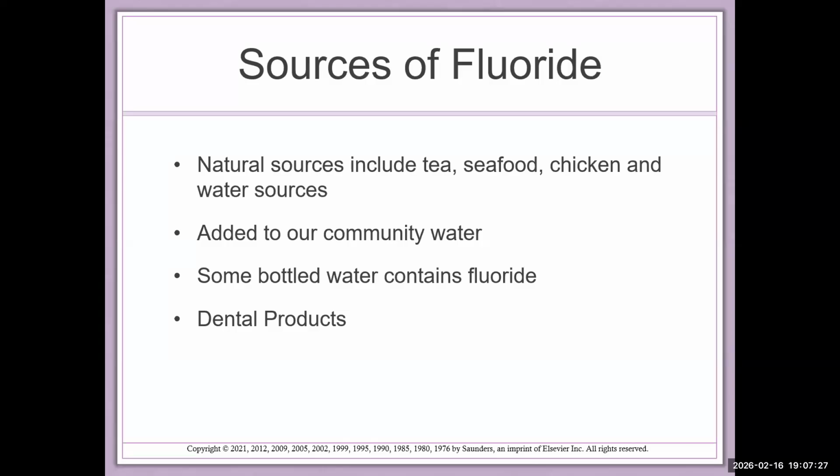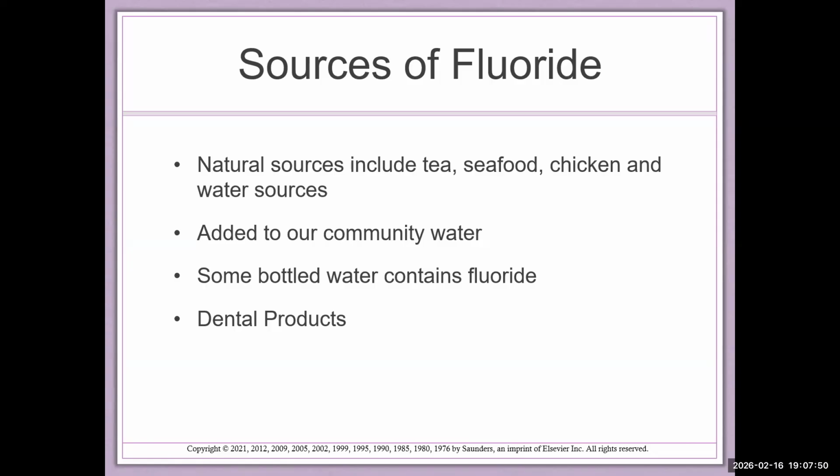We have natural sources, believe it or not, in your seafood, in chicken, tea, water sources, but then there's some that are added to our community water. And then there are some in our bottled water, right? Not all bottled water has fluoride, but some of them do. And that could be a problem with some of the bottled water not having fluoride in them.